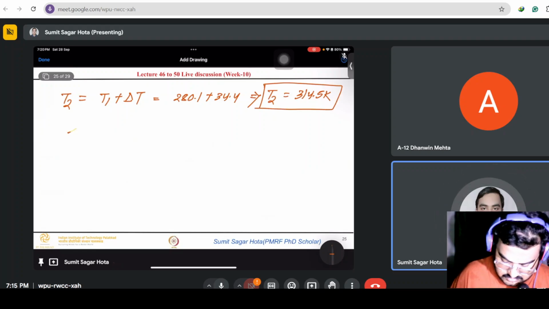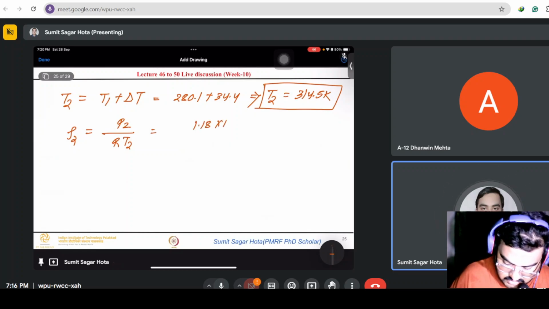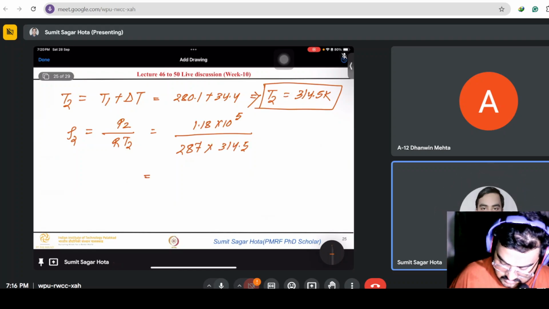So what is the density? Rho 2 is P2 by R T2. P2 is 1.18 into 10 to the power 5 divided by 287 into 314.5. So what is rho 2? Rho 2 is 1.3 kg per meter cube.